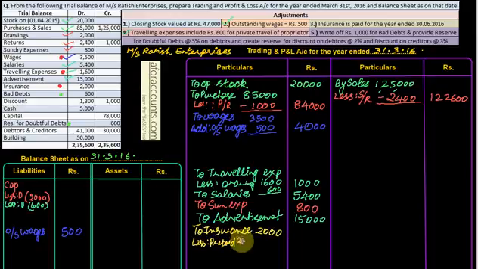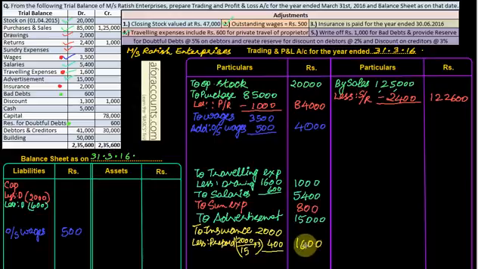See, 2,000 is given to us, and it is prepaid for 3 months, means 12 plus 3, 15 months it is prepaid. So divided by 15 into 3. For 3 months only, deduct here. So 400 is your prepaid insurance, less prepaid, 2,000 minus 400, 1,600 is your insurance expense for the year.